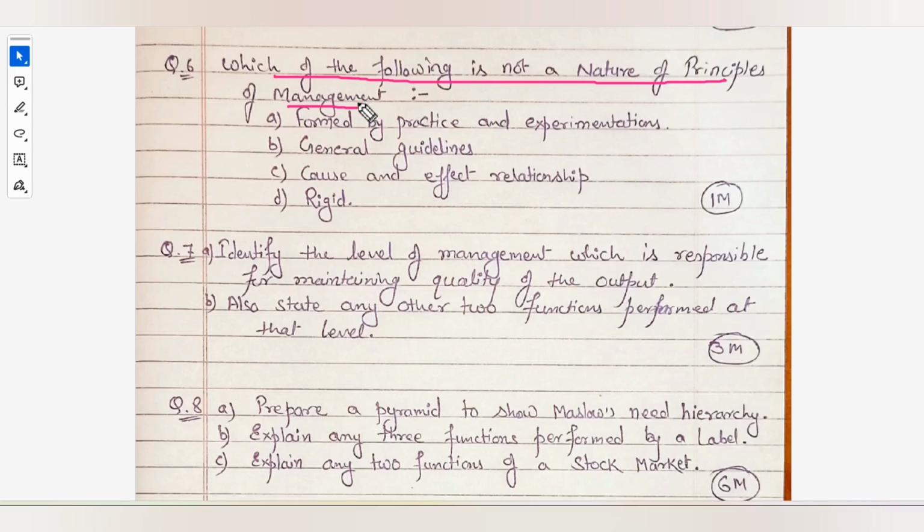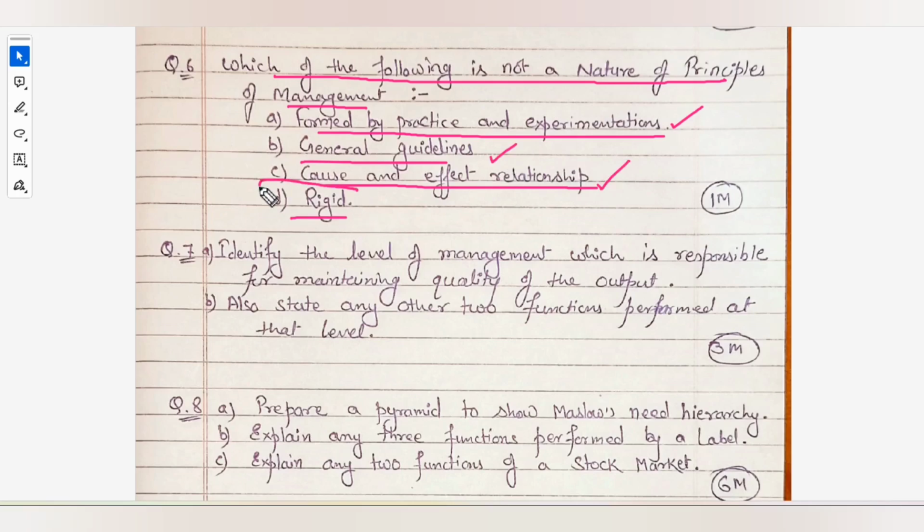Okay, so the first option is formed by practice and experimentation. So it is obviously the feature or nature of the principles of management, so it can't be the answer. Then general guidelines, again yes, it is the nature of the principles of management. Then the third one, cause and effect relationship. It is also the nature of the principles of management. And the last one is rigid.